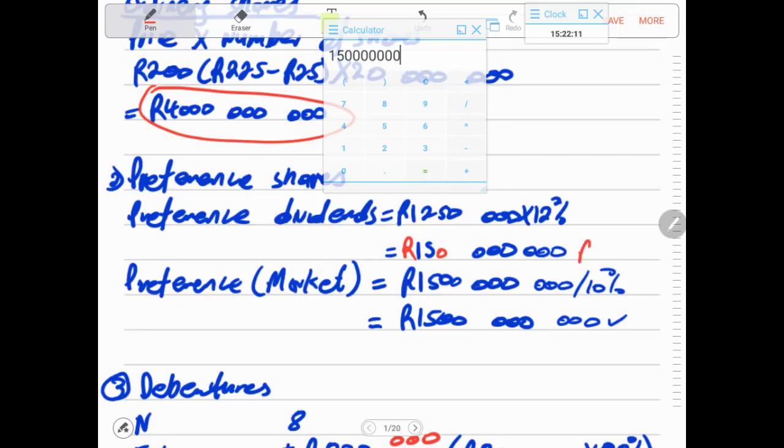From that 150 million, we calculate by dividing this by 10%, which was the preference rate per annum. We divided that 150 million by 10%, and it gave us the figure that we have. Sorry for that bit of inconvenience.